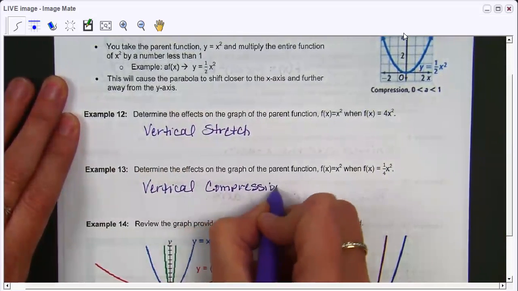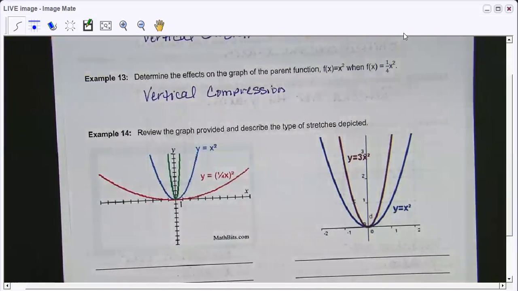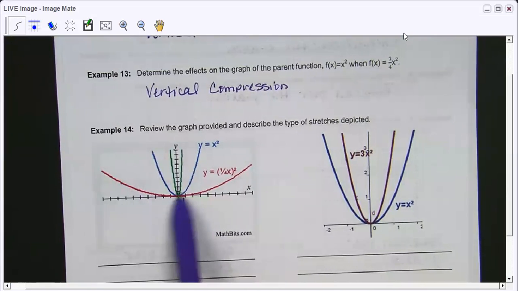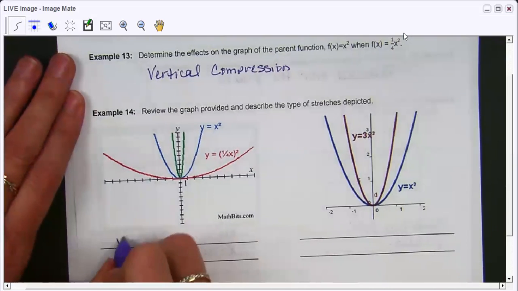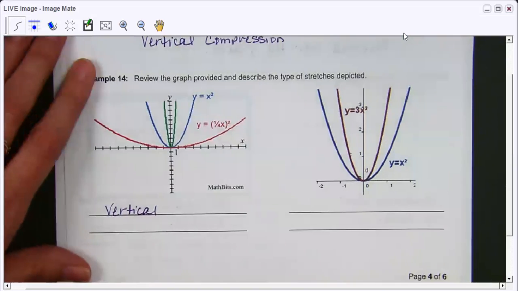Okay, look at your graphs. On this graph, we're looking at the parent function compared to the red parabola, 1/4 x squared. The parent function is blue.